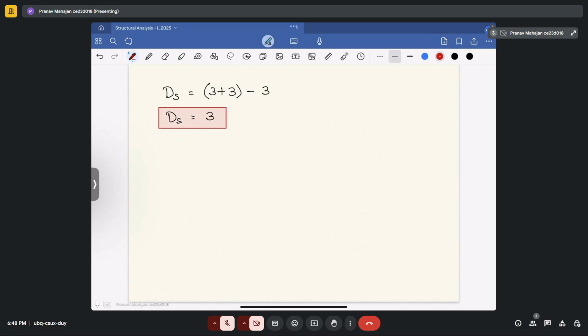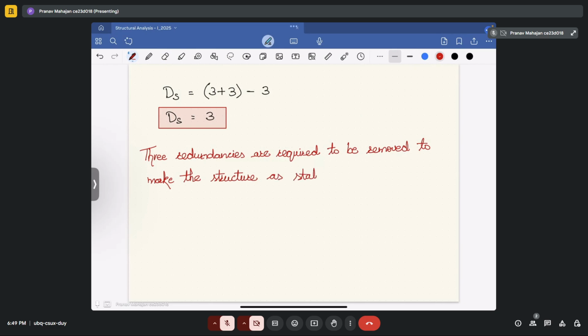That means 3 redundancies are required to be removed to make the structure statically determinate.